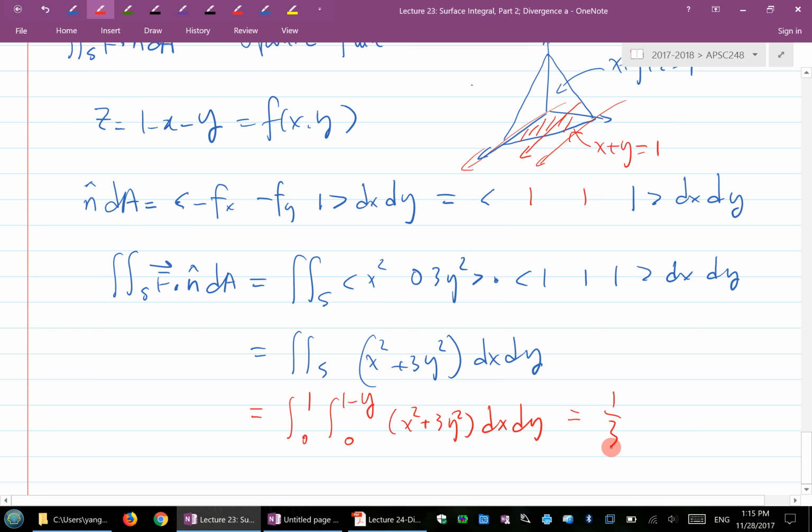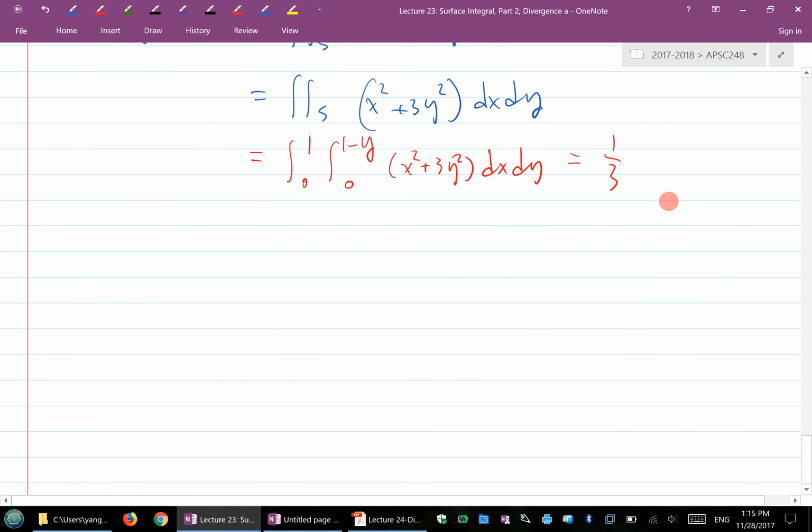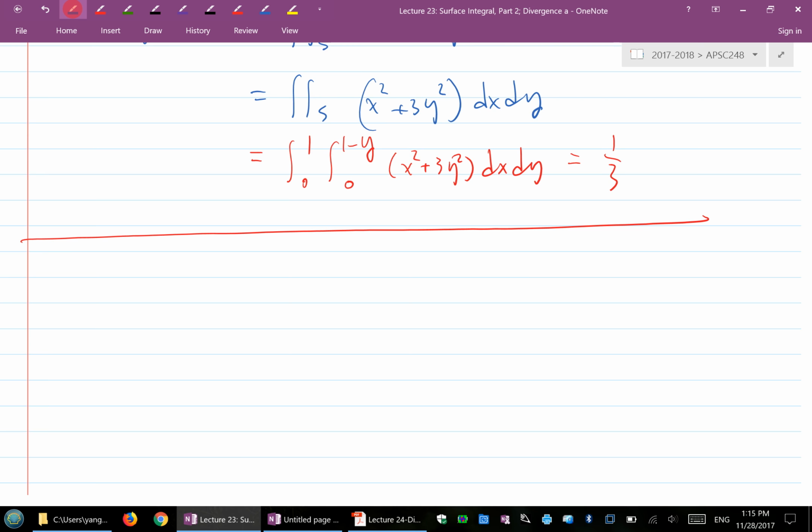If you have a surface which looks like this, you use case number 4. That's how you can make a decision on how to evaluate this surface integral. There are only 4 different options.